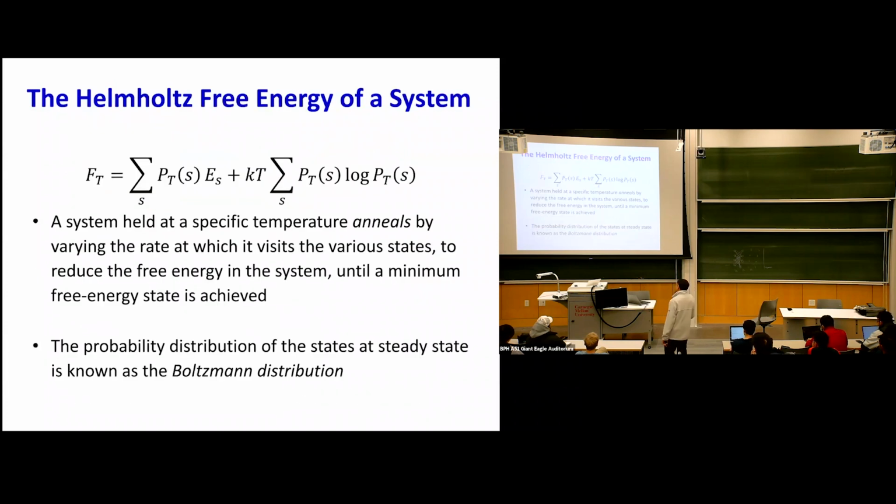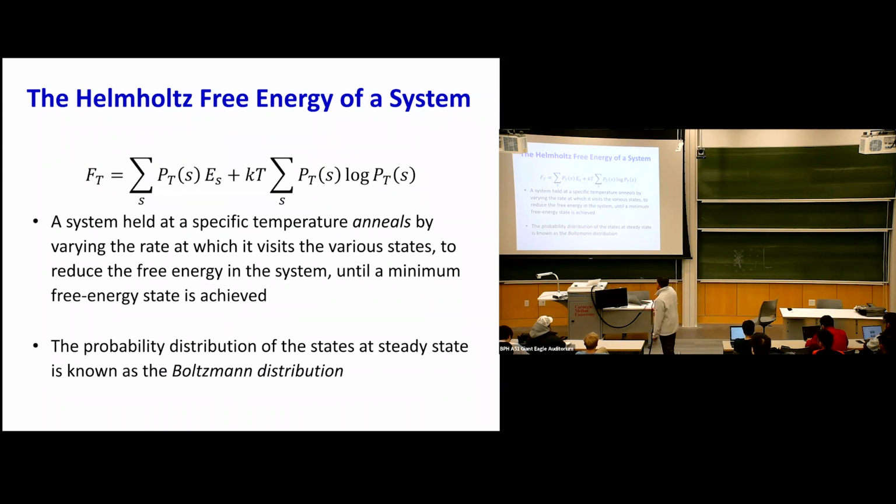To determine that, we looked at the math. We could define the Helmholtz free energy of the system, which is the average potential energy over all the states in the system, plus the entropy of the system times the Boltzmann constant, right? And so when the system evolves, it evolves to minimize this term.